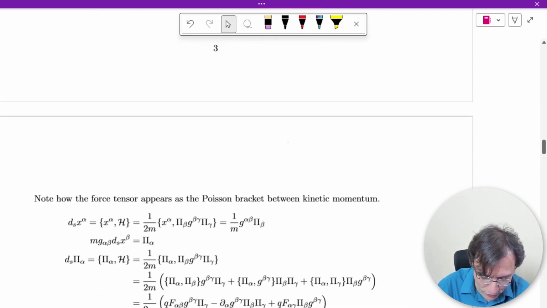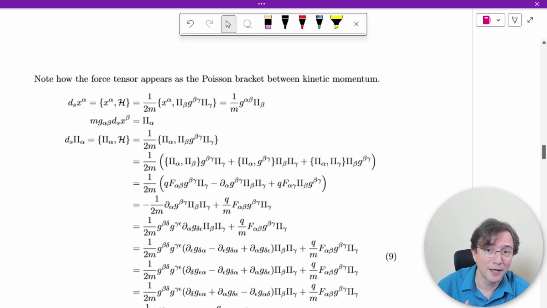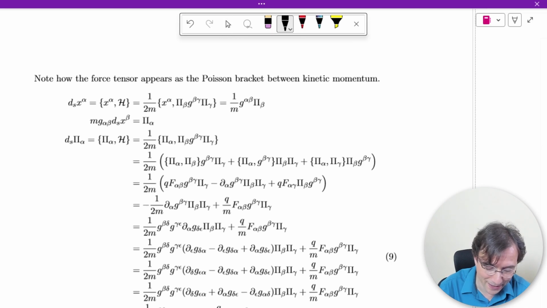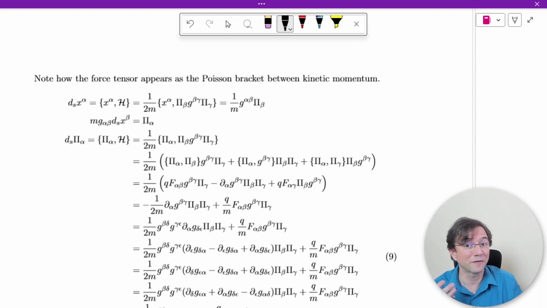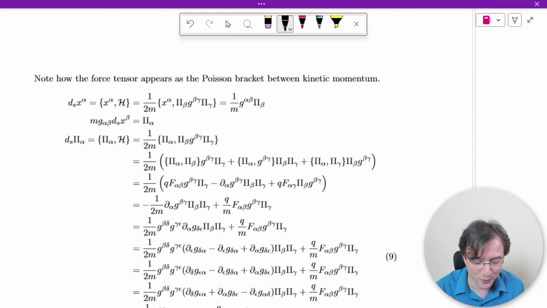And then the other thing you can do is calculate the laws of motion. As we said before, this Hamiltonian constraint is not the generator of time, it's the generator of the affine parameter, which in this case is exactly the proper time.